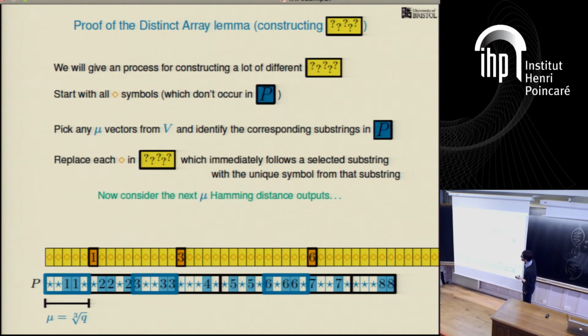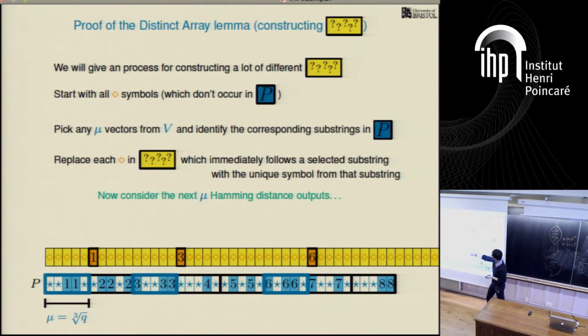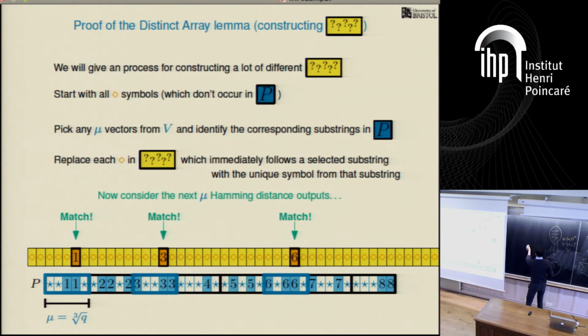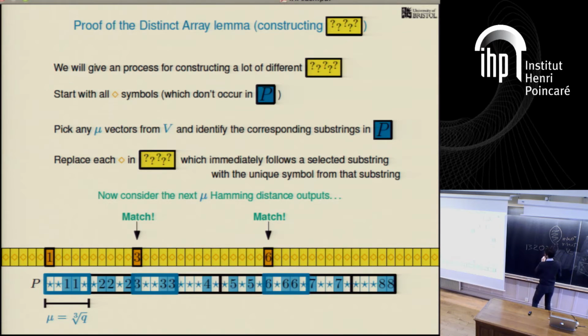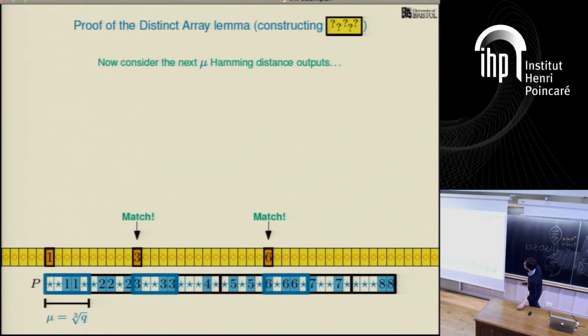Now, consider the next mu Hamming distance outputs. So what I get here is 1 match, 3 matches, 2 matches, no matches, 2 matches. Fingers crossed.